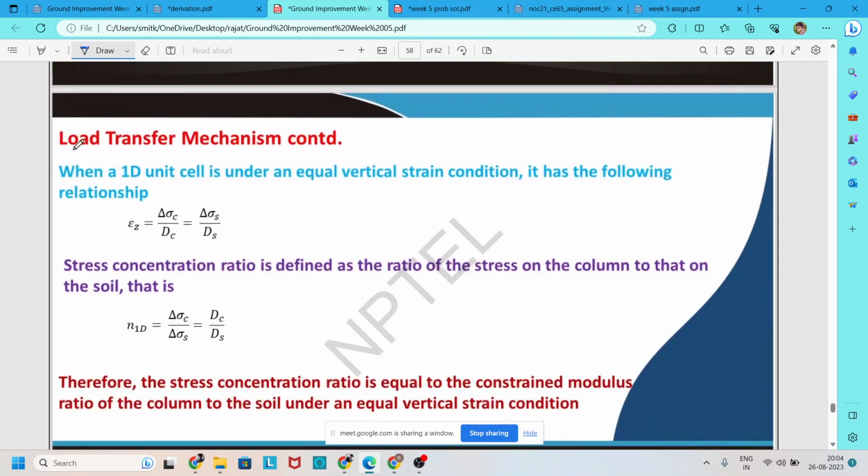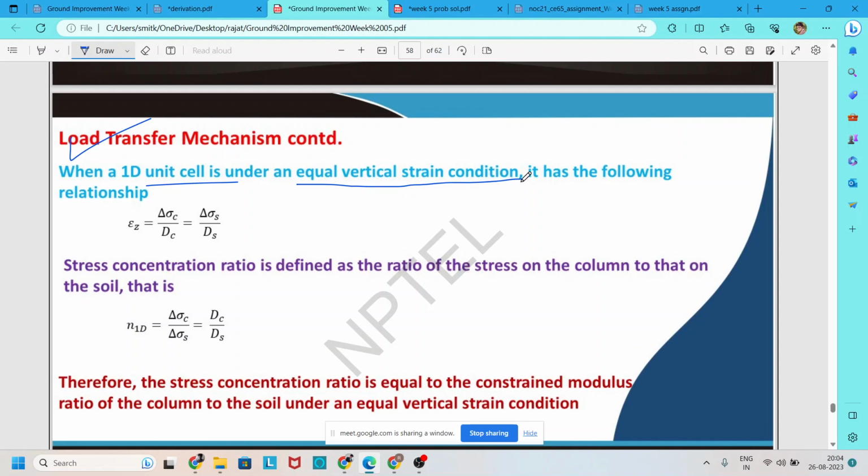So moving to the next slide, we analyze the unit cell for 1D, one-dimensional analysis, and we apply equal vertical strain. That means equal vertical strain means the settlement is equal for both the column and the surrounding soil.